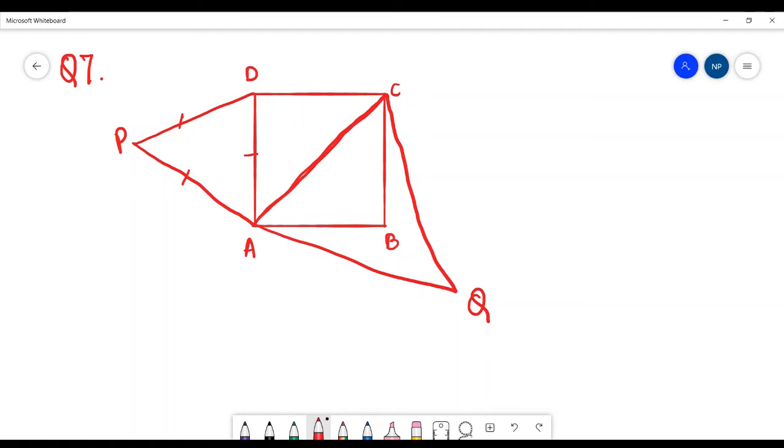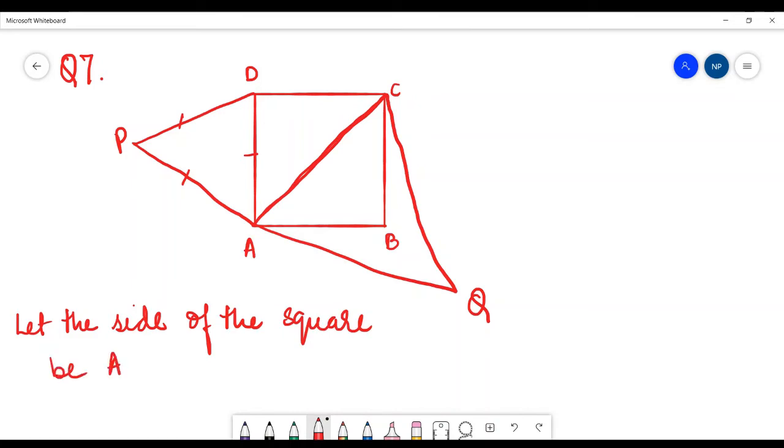Now, we will mention over here, let the side of the square ABCD be small a. That means this side is a, this side is a, and this side is a. Now, what will be the length of the diagonal?